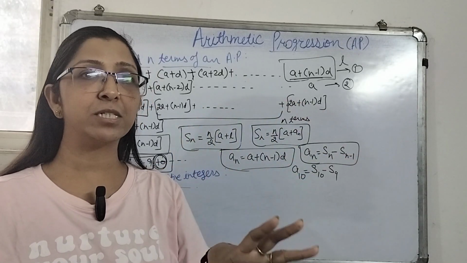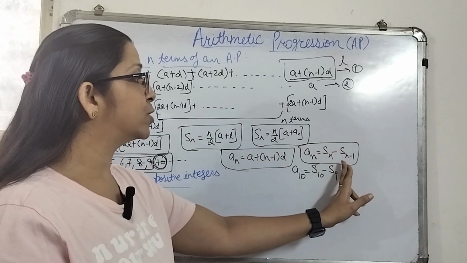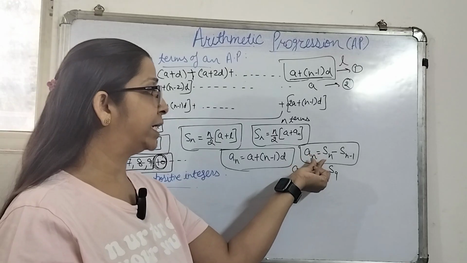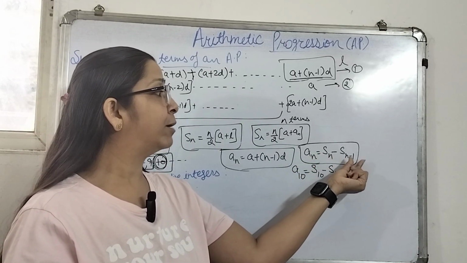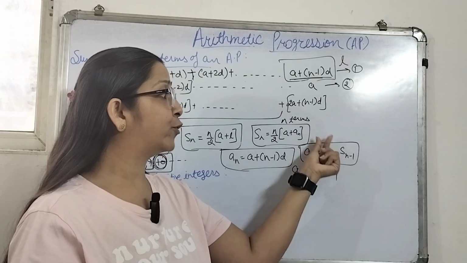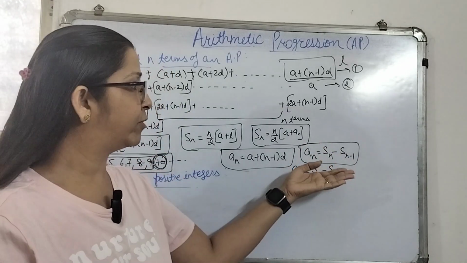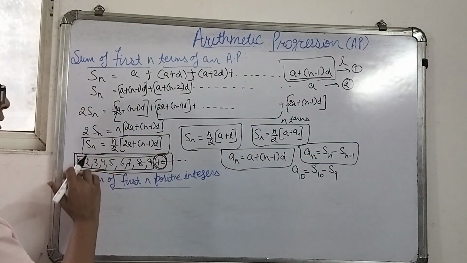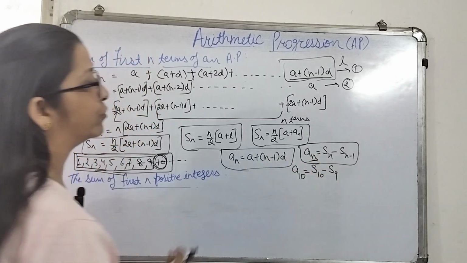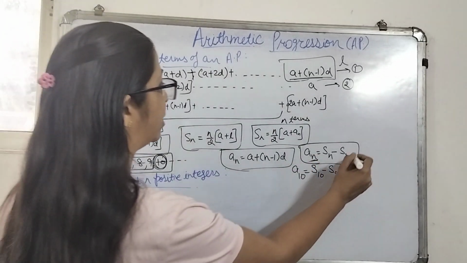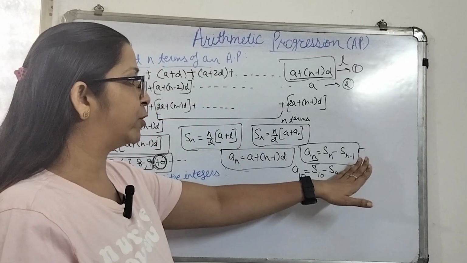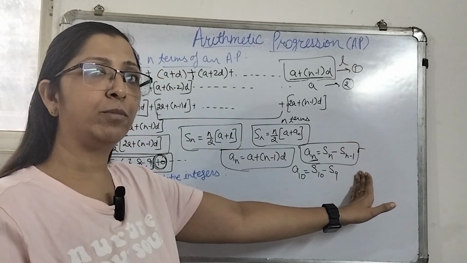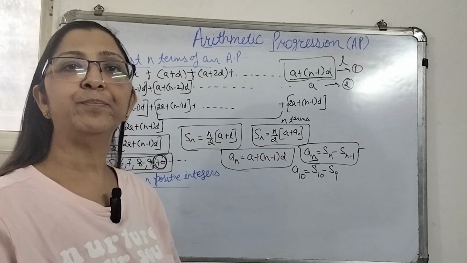If the sum of terms is given to us and we have to find the nth term, we can find it by subtracting the sum of n minus 1 terms from the sum of n terms. Then we will get the nth term of the AP. So we can use either formula as per convenience, whatsoever is given in the question. If the sum of terms is given, then we will use this formula. Otherwise we can simply use the other formula.